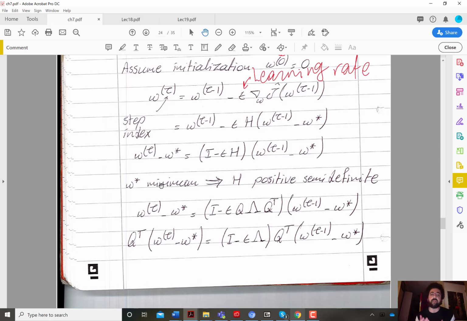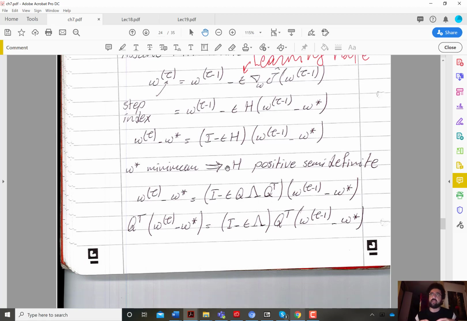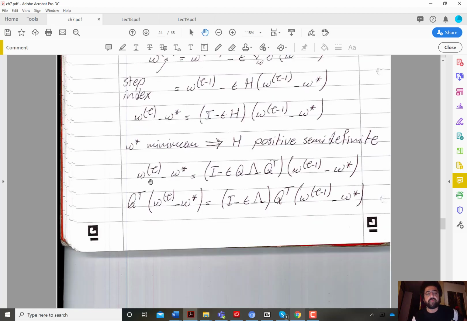And we discussed that before, right? It's the minimum of the unregularized cost. H is the Hessian of the unregularized cost with respect to omega, evaluated at omega star. So all the second derivatives will point upwards in all directions, and that's what it means that H is positive semi-definite, because this is a minimum, so the first derivative is increasing in all directions.